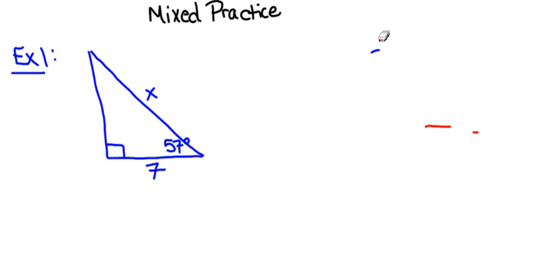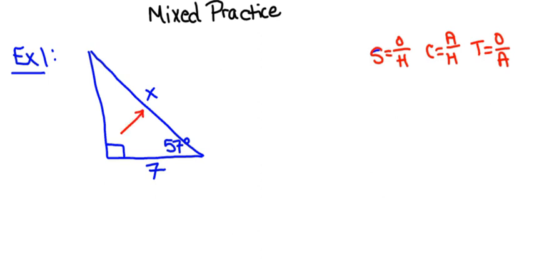So in order to do this, I'm going to remember my 3 trig ratios, my SOHCAHTOA, or my Some Old Horse, Caught Another Horse, Taking Oats Away. And like I did before, I'm going to label the parts of my triangle. Across from the right angle, that's my hypotenuse.